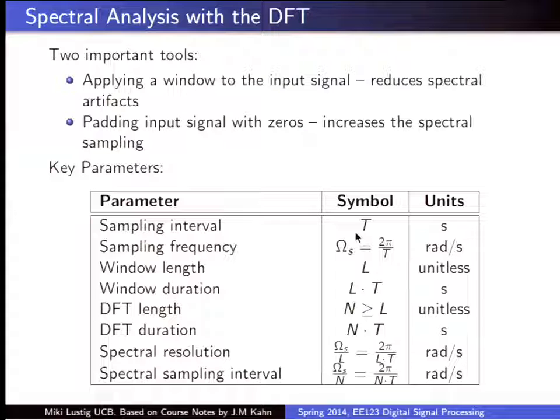Okay? The range will be 1 over T hertz. But the maximum frequency will be 1 over T over 2. Does this make sense? But the bandwidth is 1 over T. Okay, so we're going to have a sampling interval and corresponding sampling frequency. So it's in radians 2 pi over T, or in hertz it will be 1 over T.